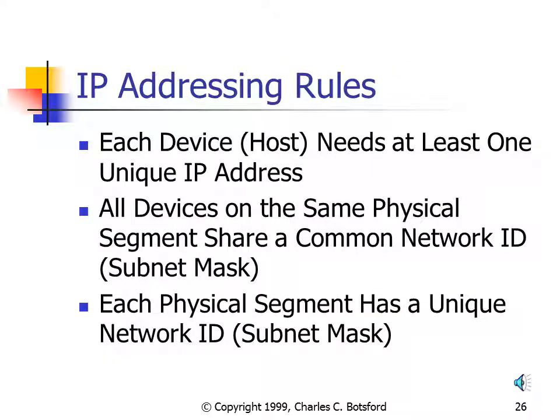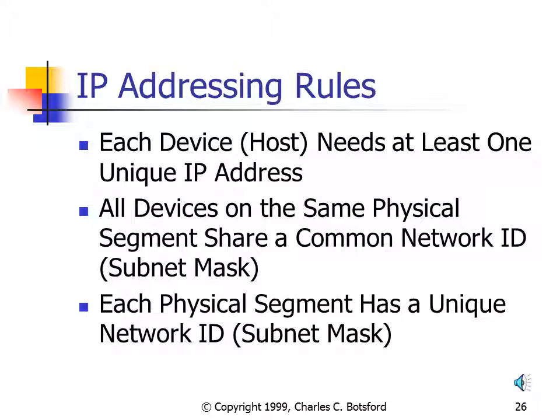There are a couple of very important IP addressing rules. Each device or each host needs at least one unique IP address. Actually, a host needs a unique IP address for each connection to the network. So if a computer had 3 different network interface cards, each network interface card would require a unique IP address. Also, all devices on the same physical segment share a common network ID, or network portion of their IP address.